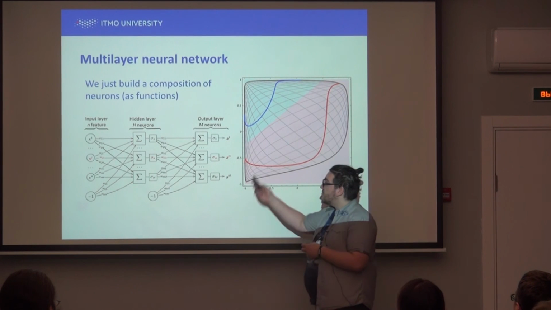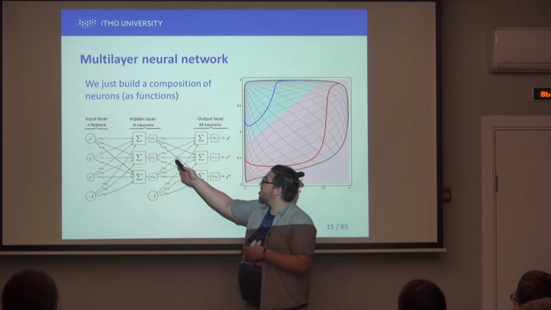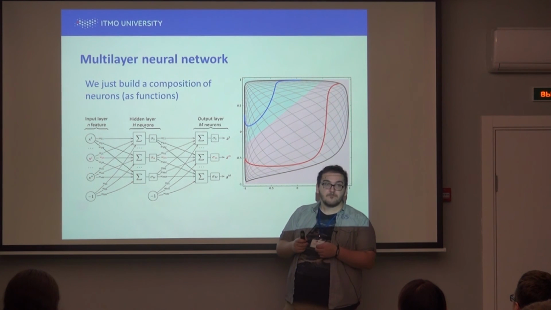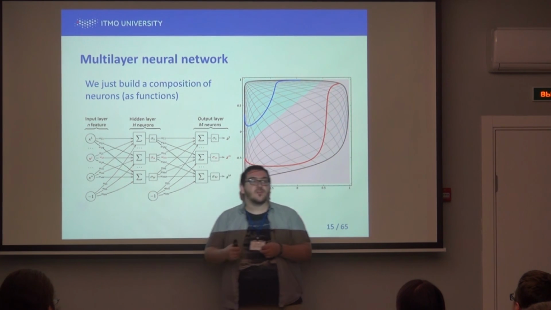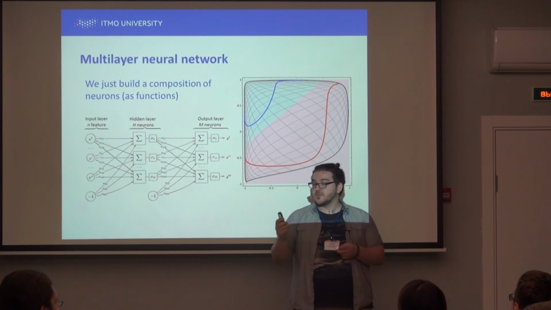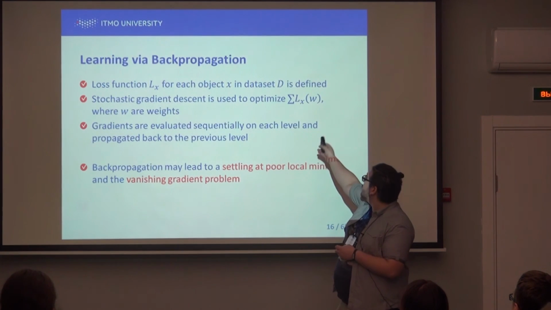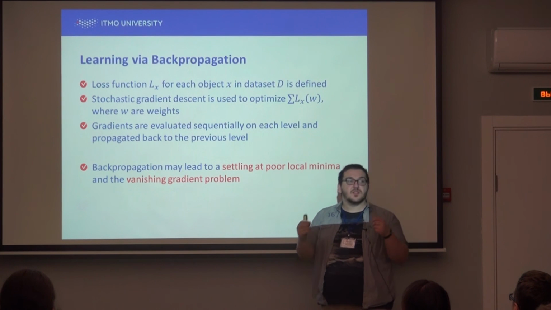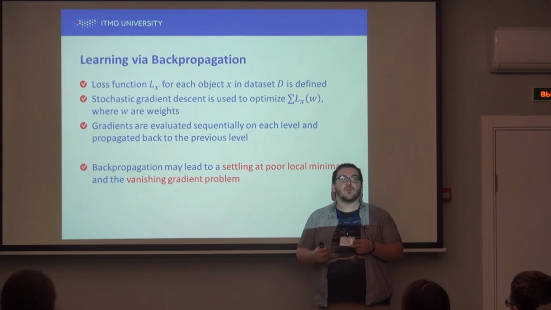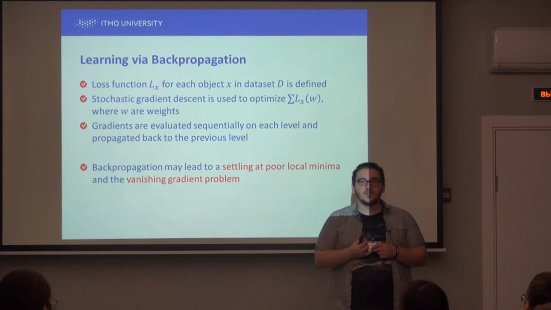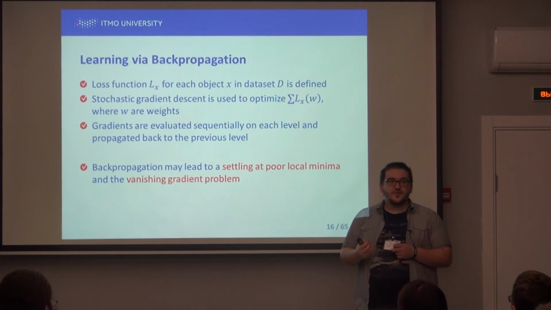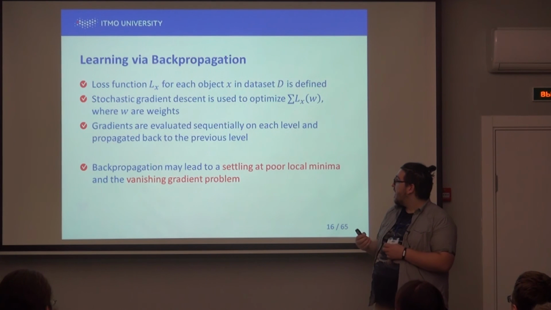When we want to learn a neural network, we want to learn all these weights, and all these weights. So in fact, we are optimizing a function which depends on all these weights, a very high-dimensional weight vector, and it's really hard to compute the derivative for a new object.